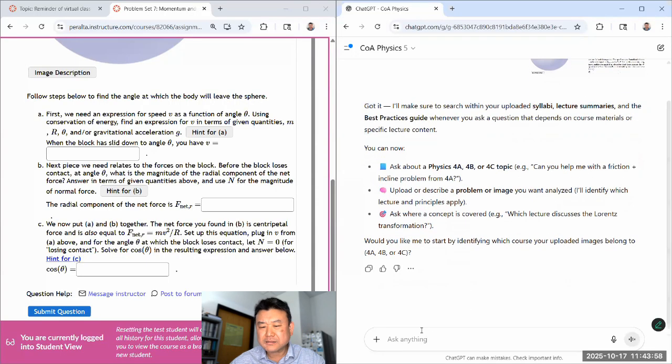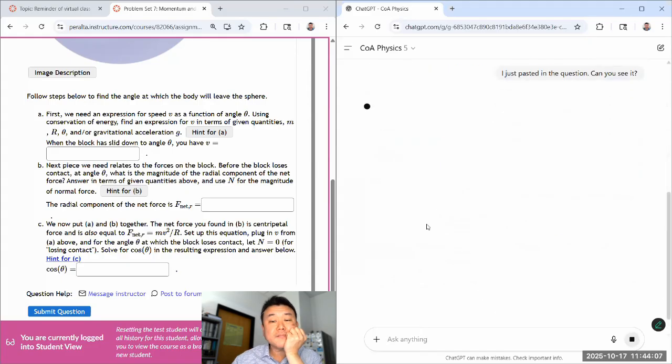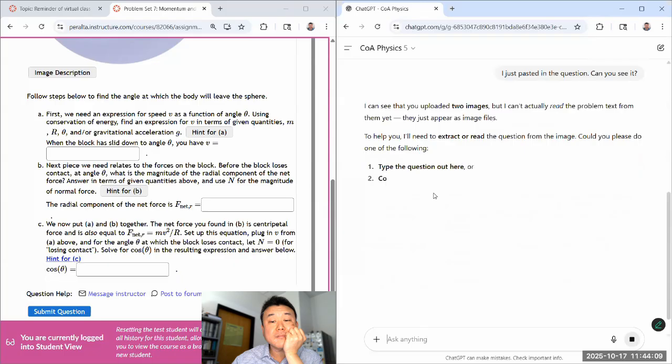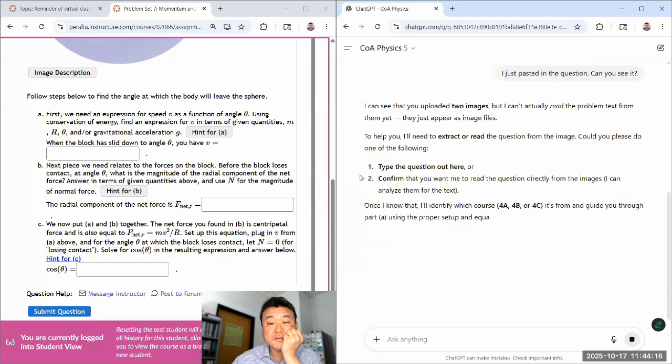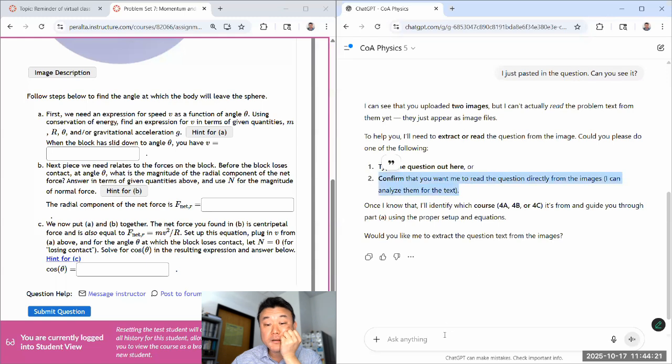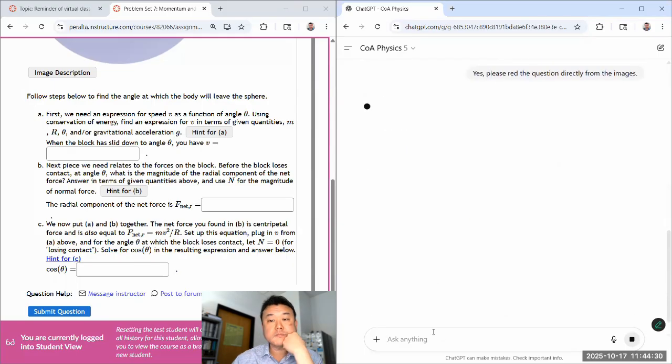Okay. Let me see. I just pasted in the question. Can you see it? It's lying. Yes, please read the question directly from the images.